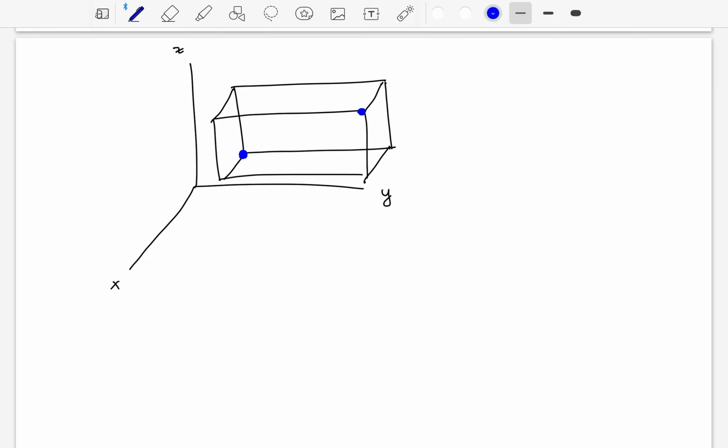So what's happening here is that P, which is x1, y1, z1, is the back left corner of the box, and then Q, which is x2, y2, z2, is in the front right corner, okay?